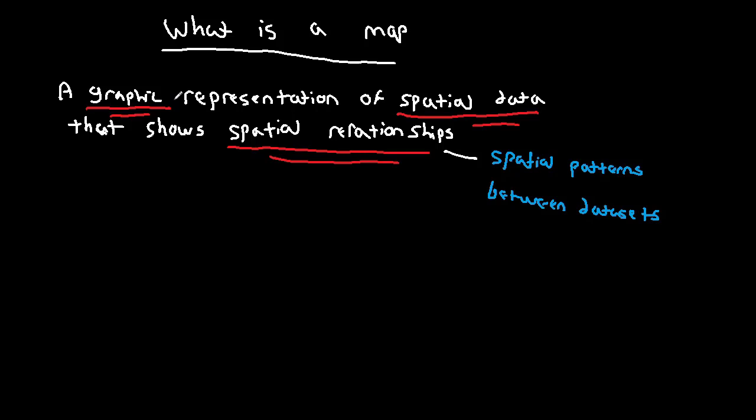If you ever have the opportunity, I would strongly encourage you to look up Pacific Islander stick maps. They're an old version of maps that don't look anything like what we would traditionally consider maps.